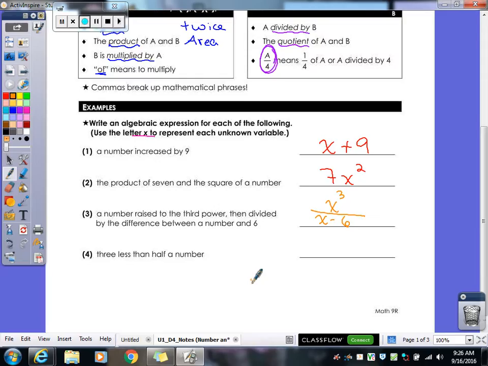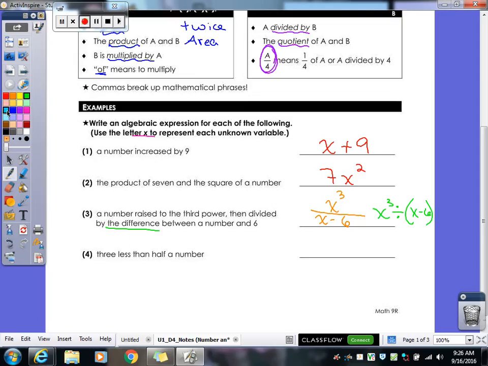Did anybody get that on their own? Yes! All right. If you did the division sign instead, you would just have to have put the x minus 6 in parentheses so that you know the whole thing is divided by that. If you don't put it, then it's just saying it's only divided by the x, but it's not. It clearly says it's divided by the difference between the number and 6.